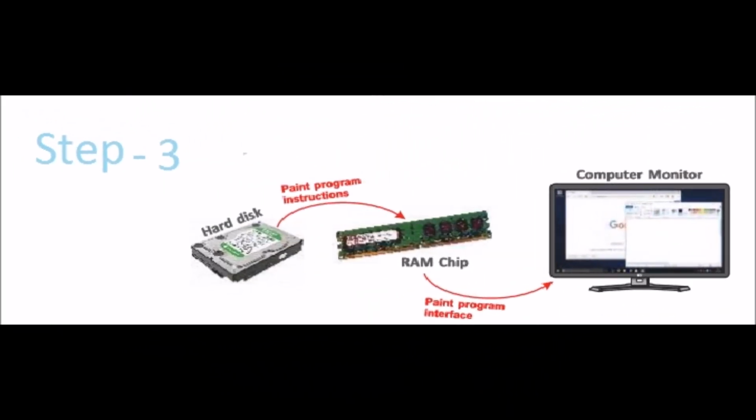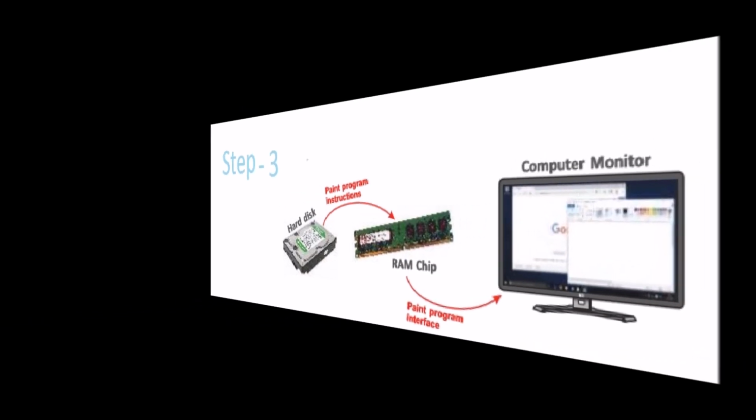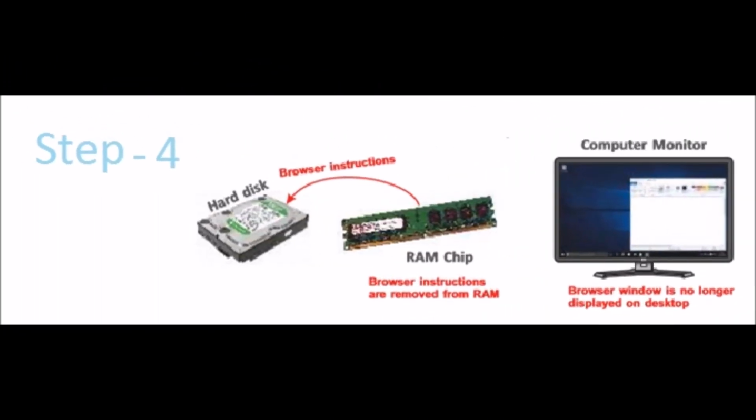Then in step 3, when we want to open another application like Paint, then along with the previous application, Paint's instructions are also loaded in the RAM. After that, in step 4, when we close any application, it will be removed from the RAM as well.